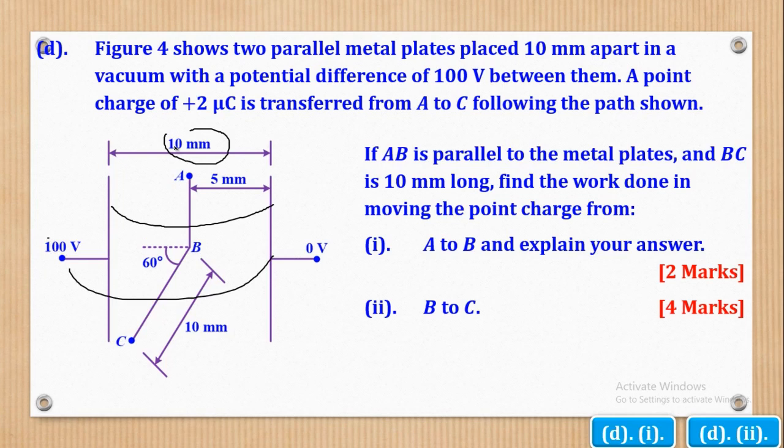Therefore 10 millimeters corresponds to 100 volts. What about 5 millimeters? 5 millimeters will be half of 10, meaning that it will represent half of this 100 volts. That's why you saw 5 over 10 multiplied by 100 to get the volts for 5 millimeters, and that will be VA because this is point A.